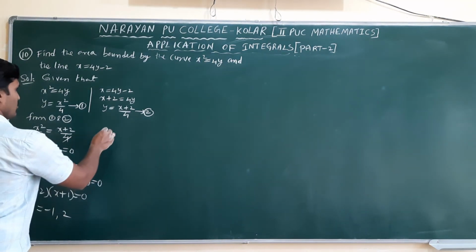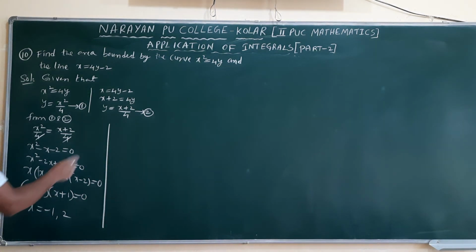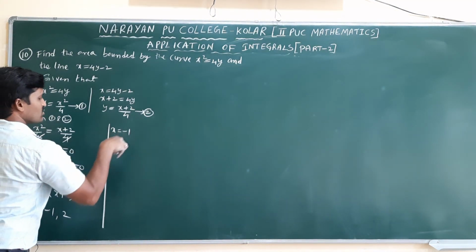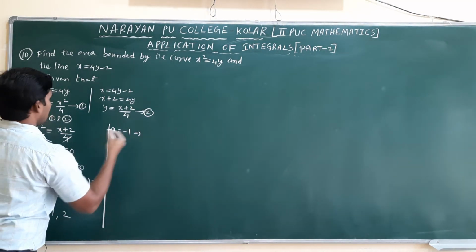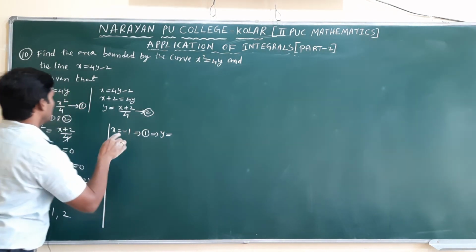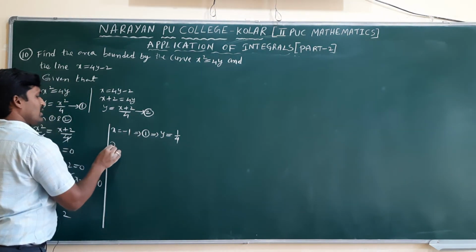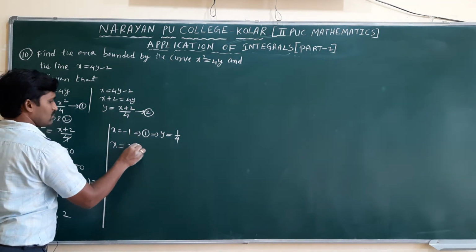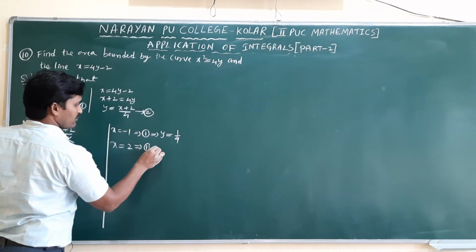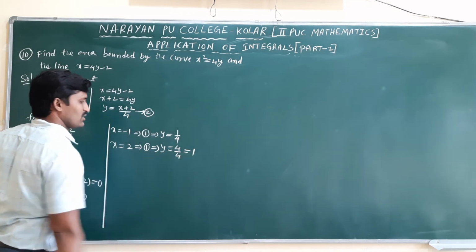Now solving: x equal to minus 1. From the first equation, y equals minus 1 whole square by 4, that is 1 by 4. x equal to 2, from the first equation only, y equals 2 square by 4, 4 by 4 is 1.